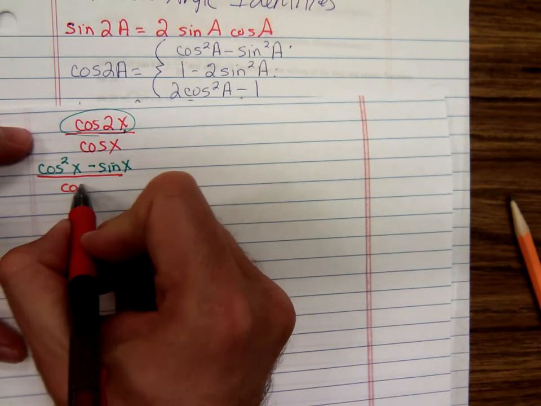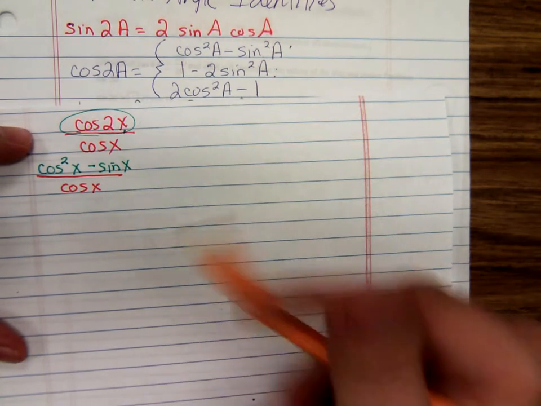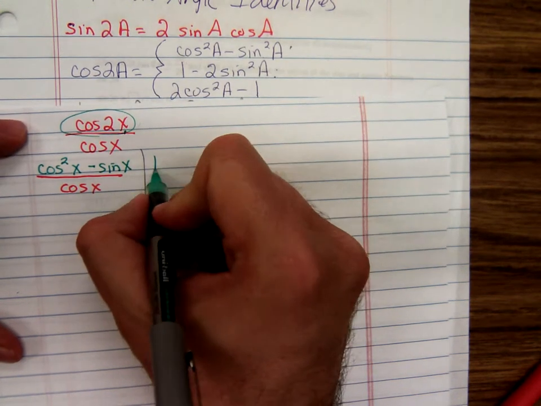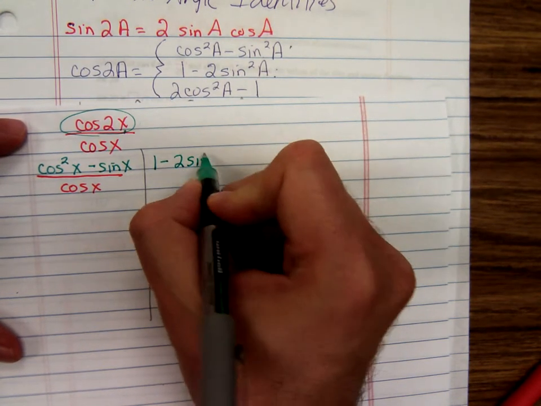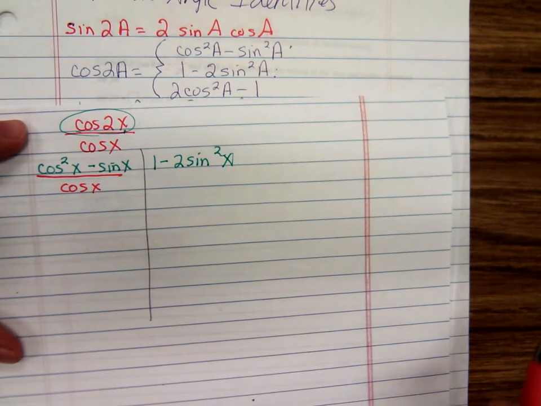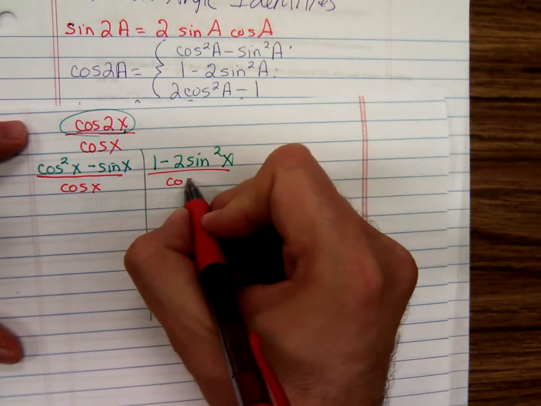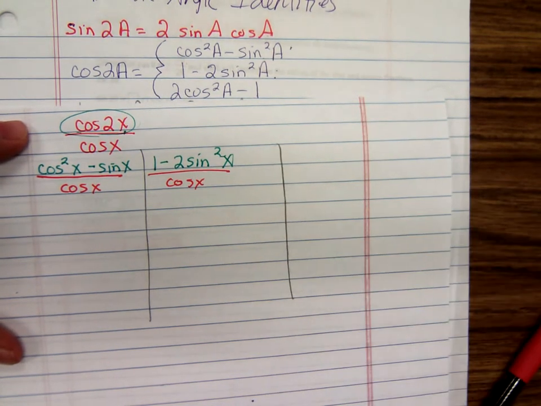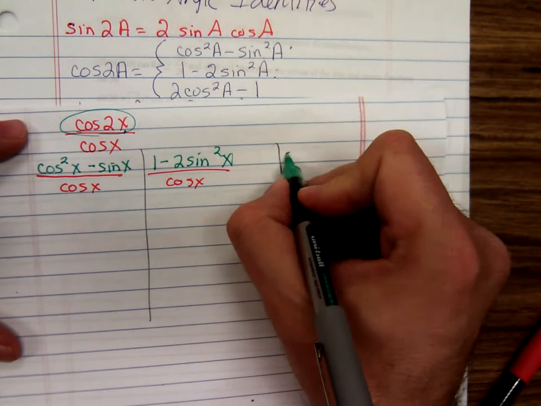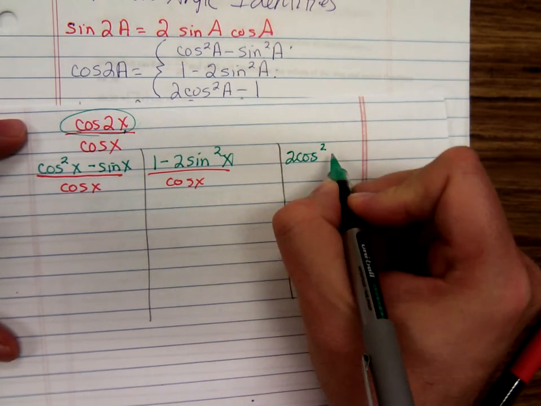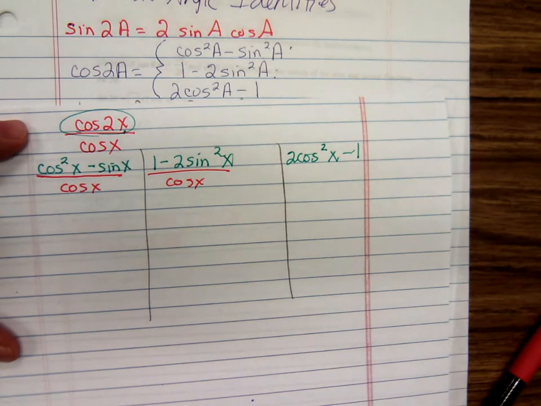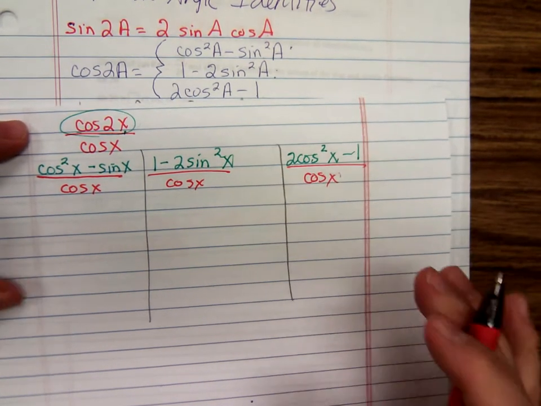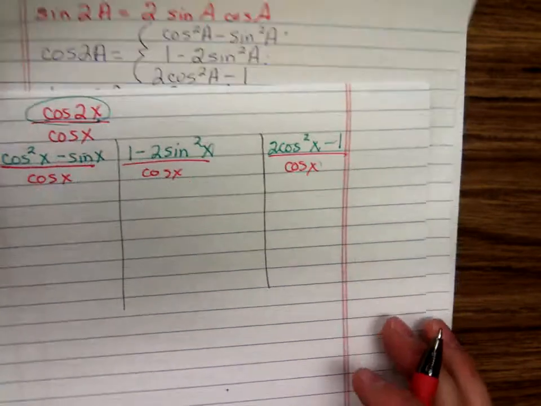So here's one way we could go about simplifying it. Or you could have replaced it with 1 minus 2 sine squared x. Or 2 cosine squared x minus 1. One of these, we better be able to simplify down to one of those answers that we have there.